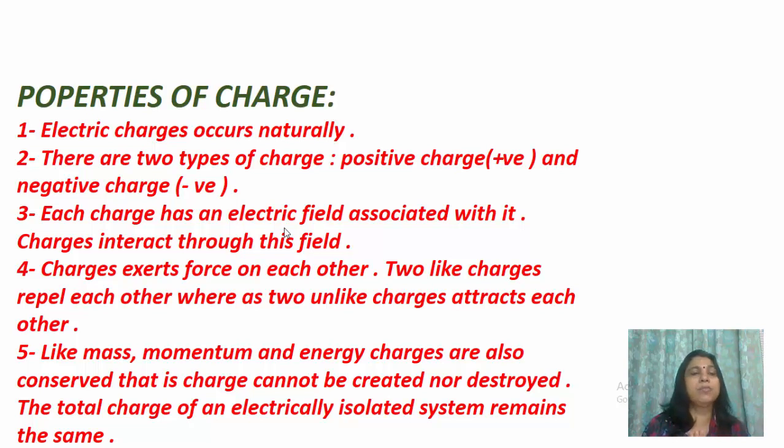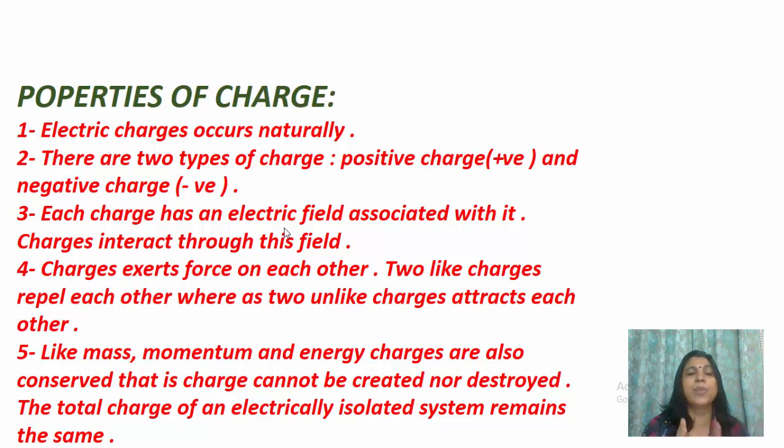The charges exert forces on each other. These forces can be the force of attraction or the force of repulsion. Two like charges repel each other, that means here the force of repulsion is acting, whereas two unlike charges attract each other. Here the force of attraction is acting on the two charges.